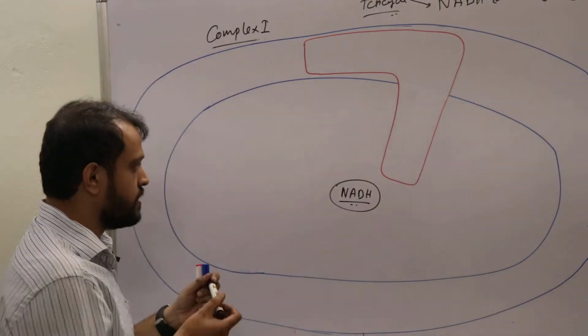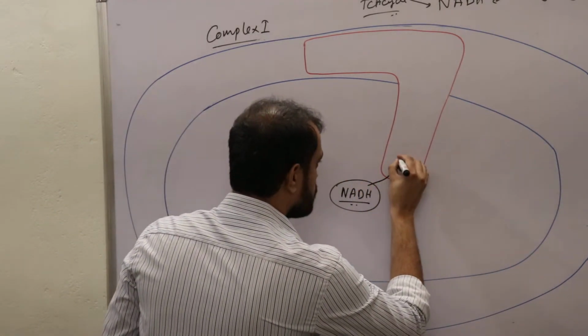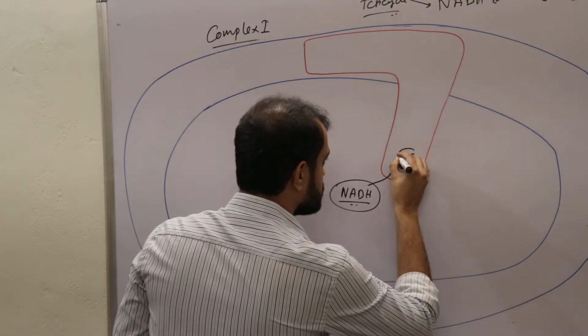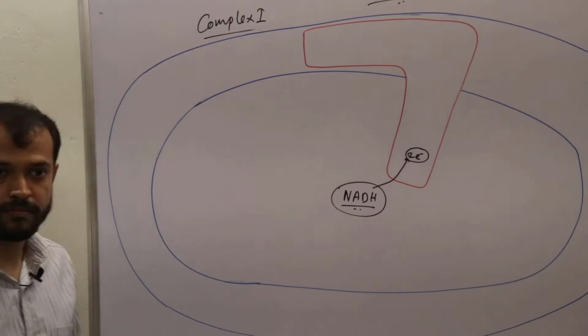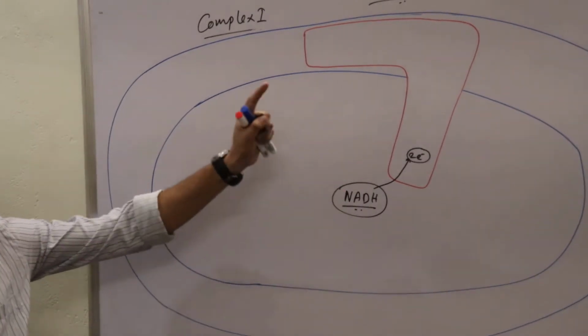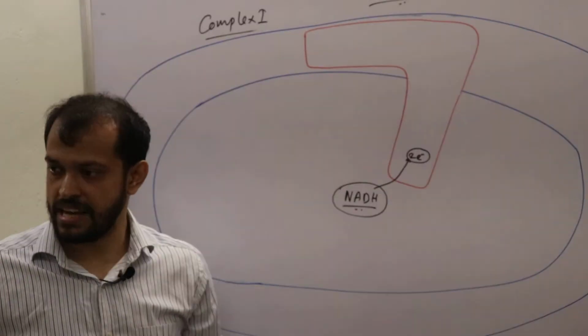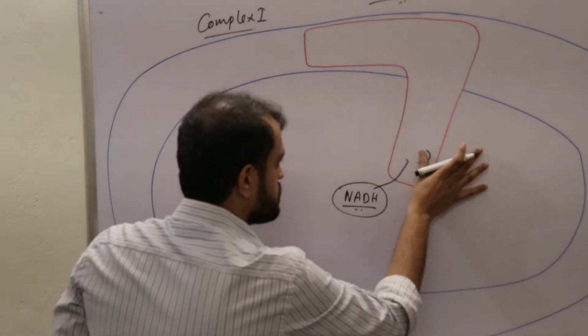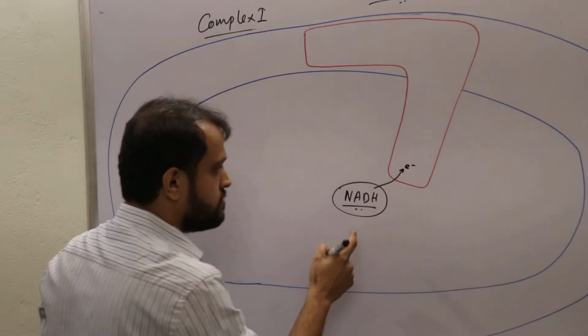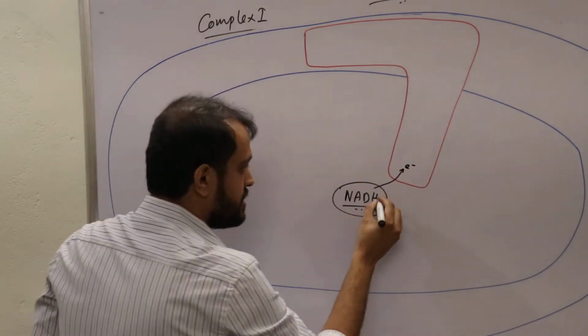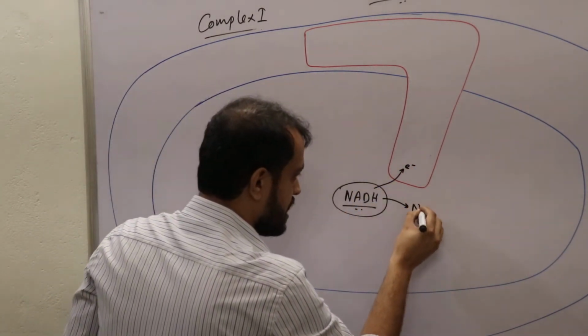That means NADH will give out 2 electrons. Only after that will this protein be turned on. Suppose, step by step, now listen, suppose 1 electron has gone to this protein. That means what will happen?